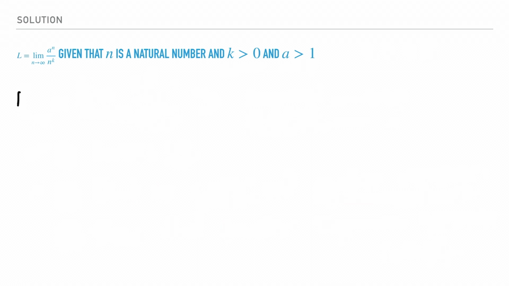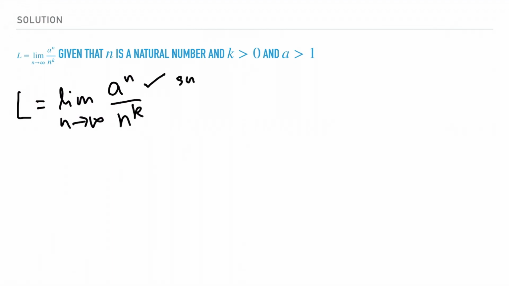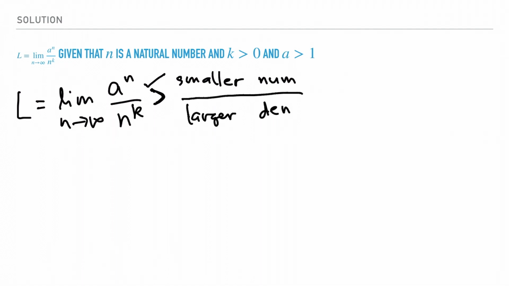Let me write it again. We can make a smaller sequence by doing 2 things. First, we make a sequence with a smaller numerator, and we make a larger denominator.